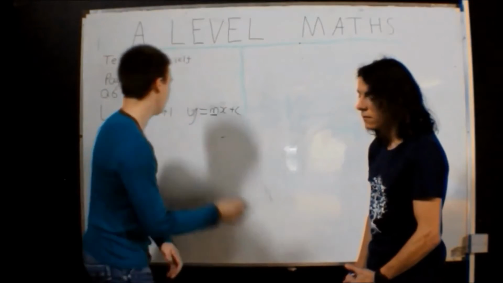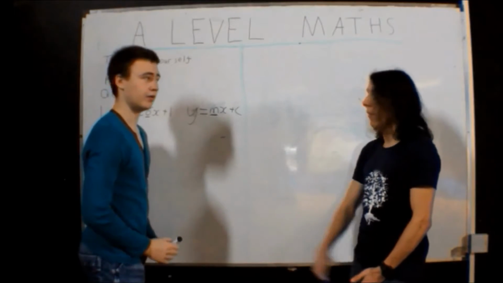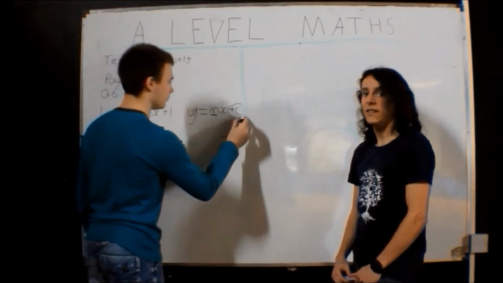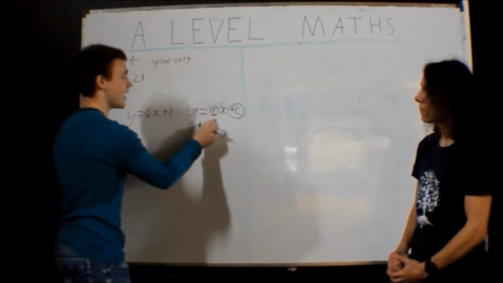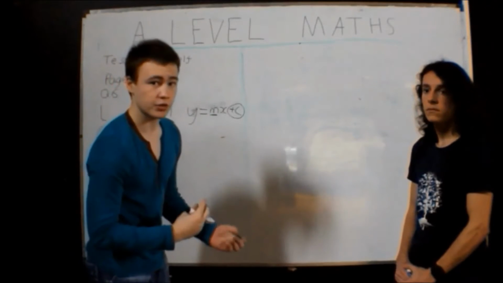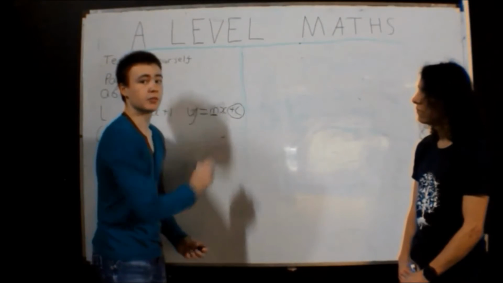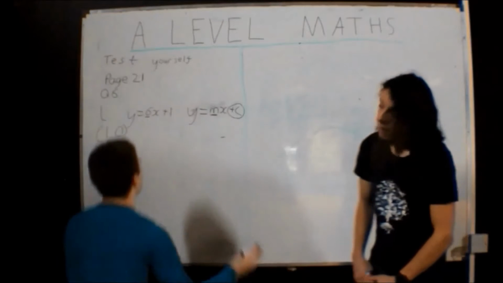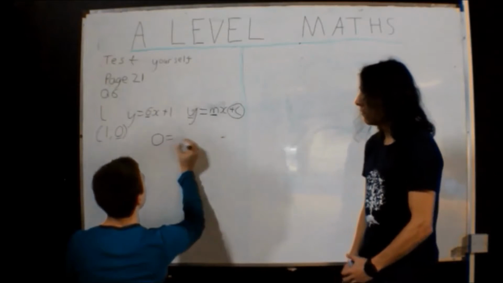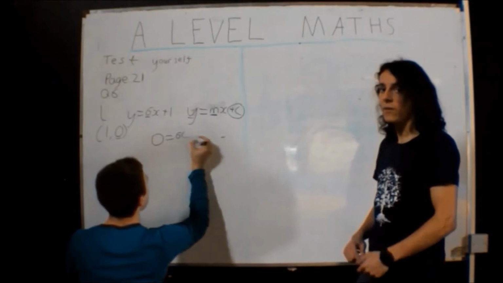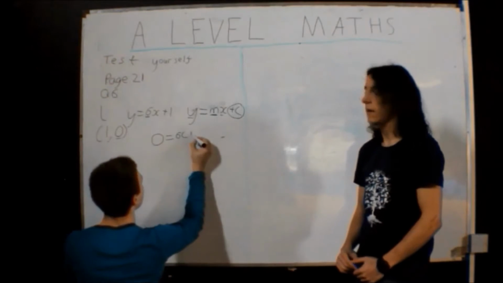So what don't we know from this, Triv? Well, we don't know what c is, so that's what we need to work out. So what we've got to do is substitute in the y, the m, and the x, which we know from the question, to find out the plus c. So let's do that, shall we? Okay, well in this point, y is 0, so 0 equals 6 times 1, nice and easy, 6 plus c.